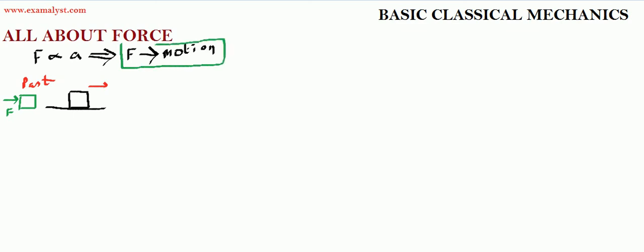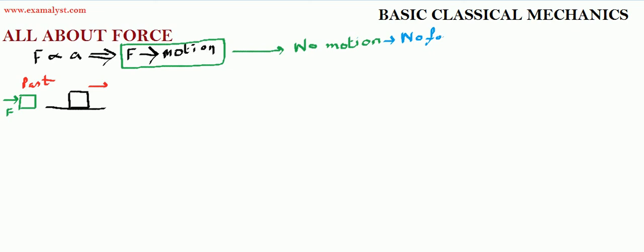So one thing is for sure that force creates motion. So what can be the reverse? The reverse is if there is no motion, it means there can be two things. One, there can be no force. So what are the consequences of no motion? If there is no motion, then there can be chances that there is no force at all.